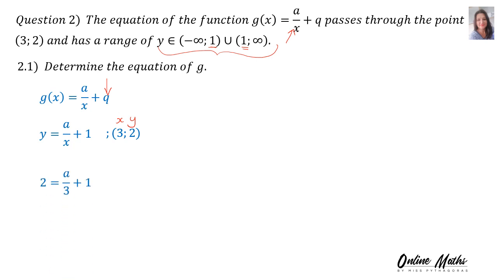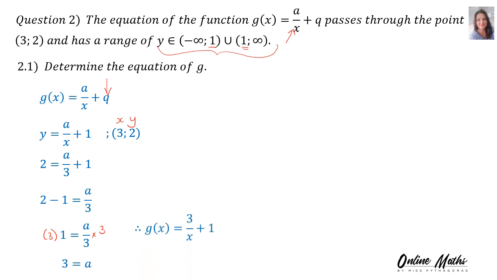In y's place we substitute 2 equals a over, in x's place, 3 plus 1. Plus 1 walks across, 2 minus 1 is 1. And then to get rid of 3 under the line, we multiply both sides by 3. Therefore, a's value is 3 and the equation is g of x is equal to 3 over x plus 1.